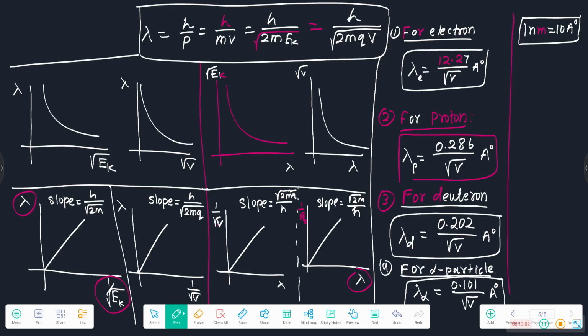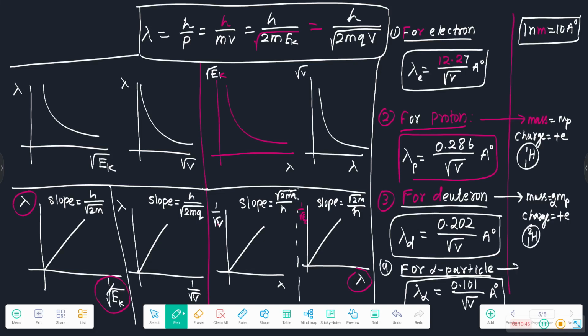And one more thing, listen, if I take 3 particles, proton: the mass of proton is mp and the charge of proton is plus e. If I consider a deuteron, the mass is 2 times the proton mass, and the charge is equal to the proton charge, plus e. So deuteron is 1H2, and remember, proton is basically 1H1.